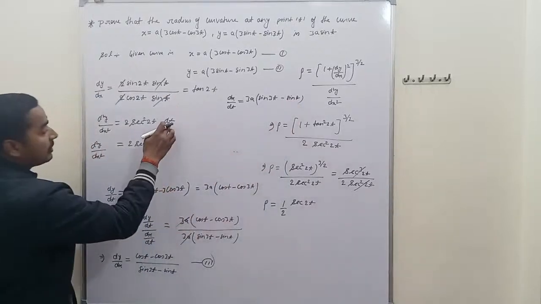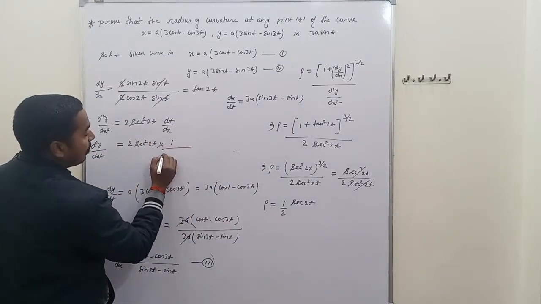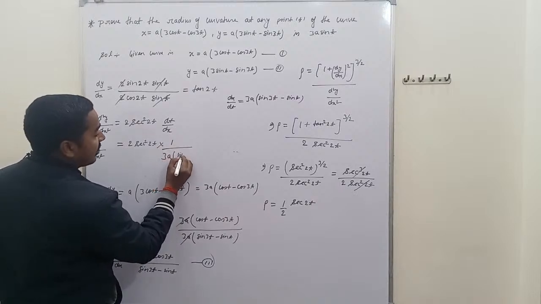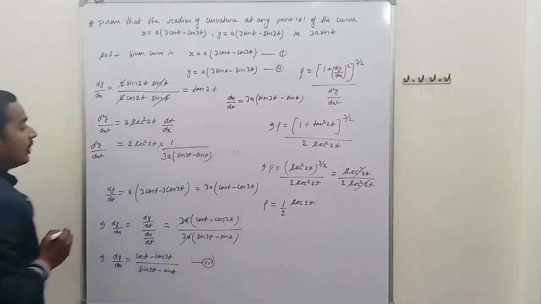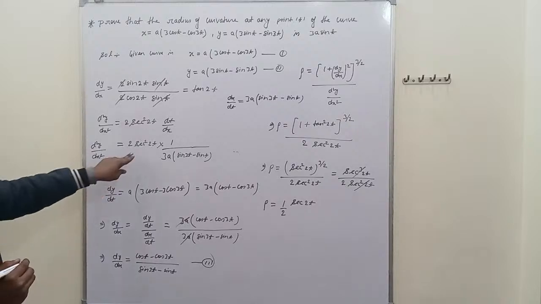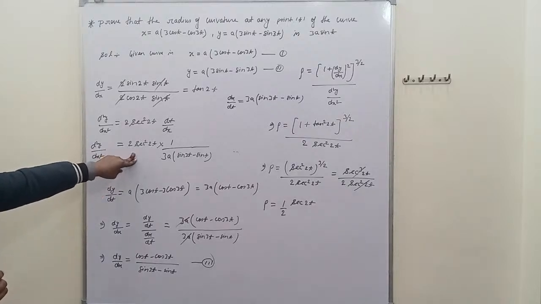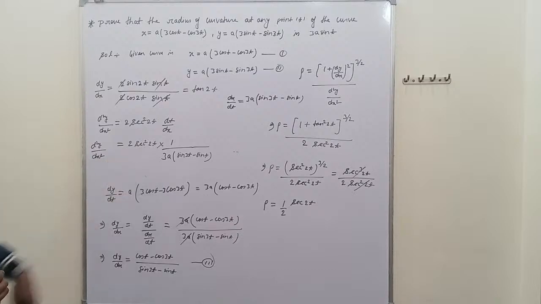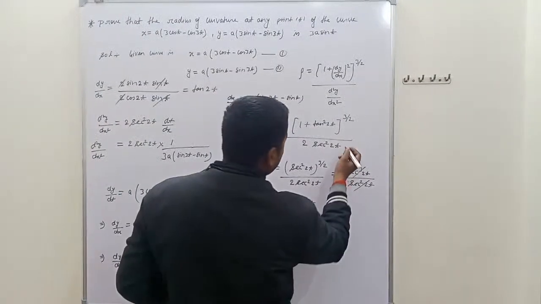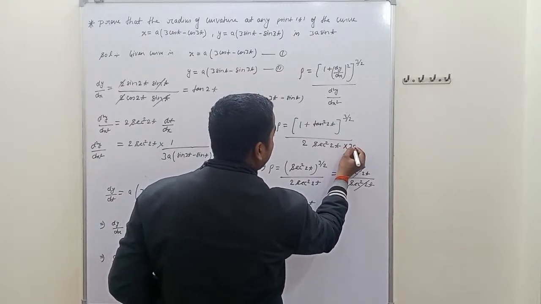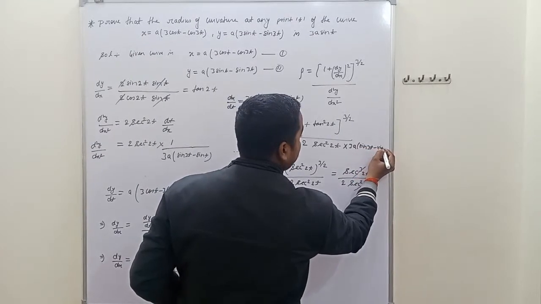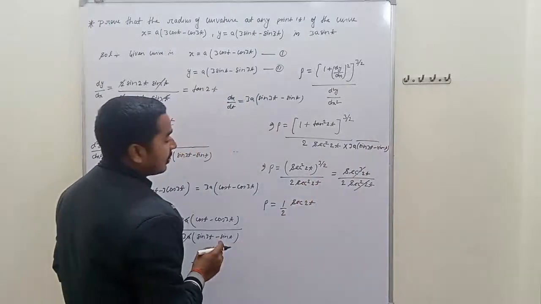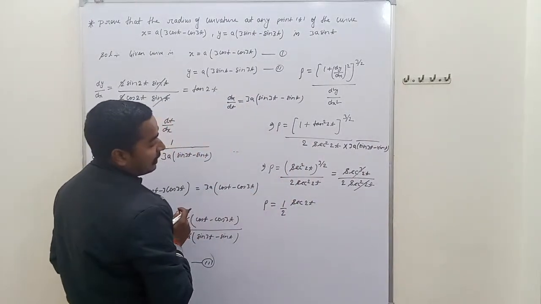And we have to put the value of dt upon dx, so we write here 1 upon 3a (sin 3t minus sin t), and this is given by sec square 2t.